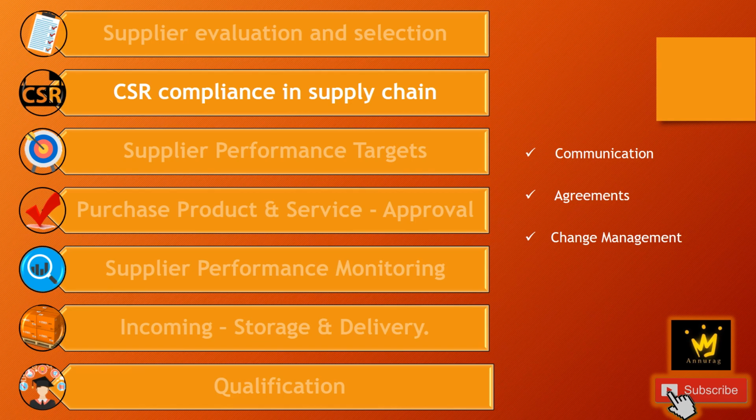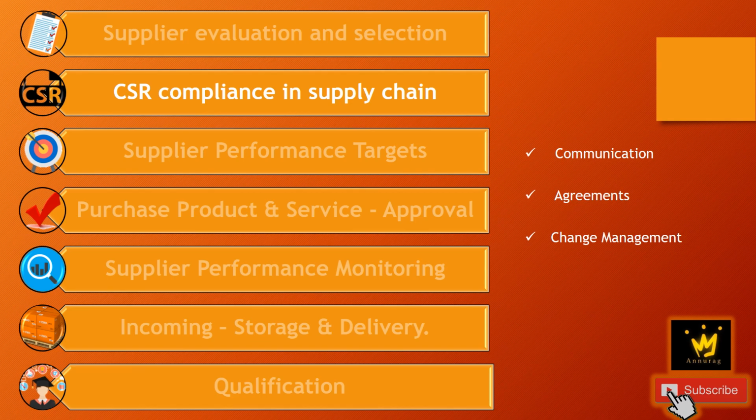The second question covers the area of customer specific requirement compliance across the supply chain. And the standard asks you to check, are the customer requirements taken into account in the supply chain? Customer requirements can come in many forms.